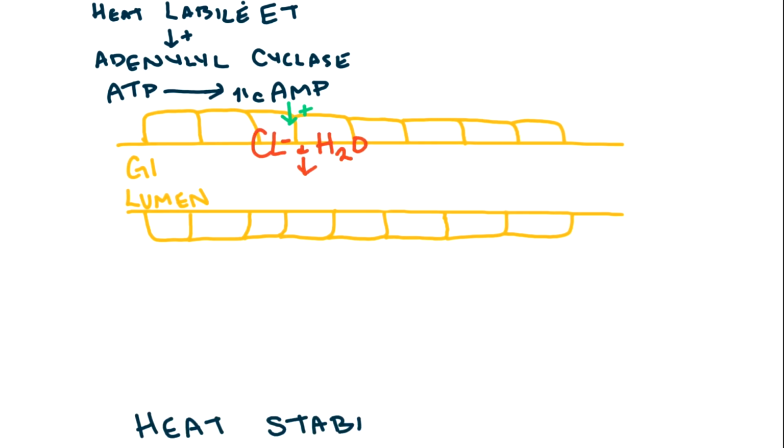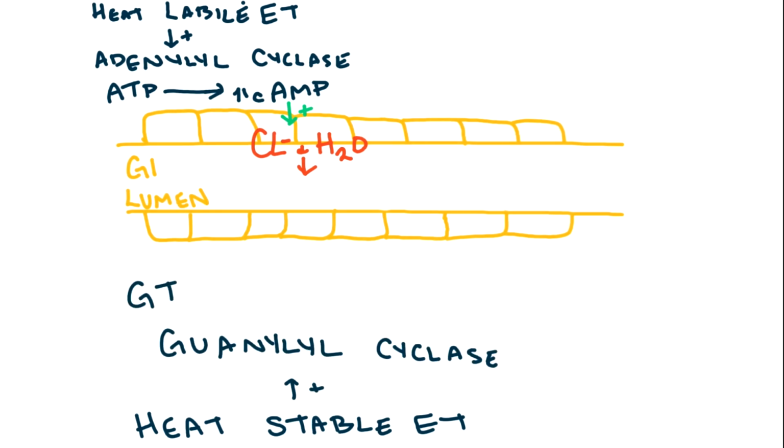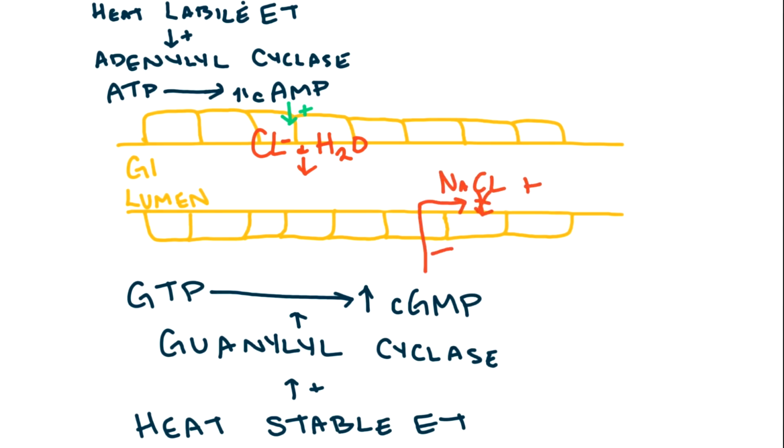Heat stable toxin, on the other hand, activates guanylate cyclase, which in turn increases cyclic GMP levels. Increased cyclic GMP in the enterocytes inhibits sodium, chloride and water reabsorption, so they're not being reabsorbed from the lumen. So this is how heat labile and heat stable toxins contribute to diarrhea caused by ETEC.